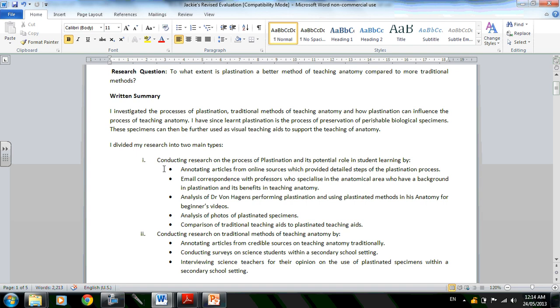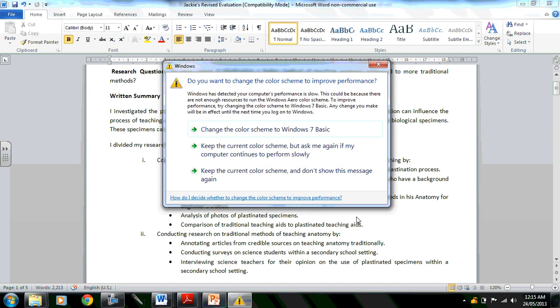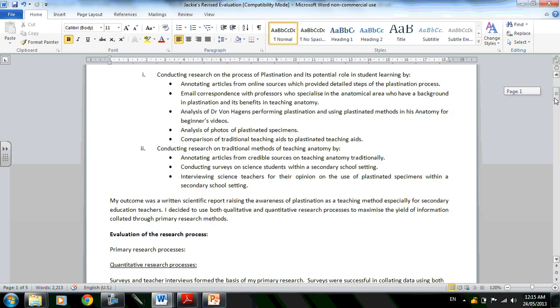So she differentiated her research topics into two completely different approaches in teaching anatomy. Here she has articles, emails, analysis of videos, analysis of photos, comparing and contrasting. The same here, and because she couldn't conduct surveys in one area, she could conduct surveys in this area. That's why she has the surveys in this component.